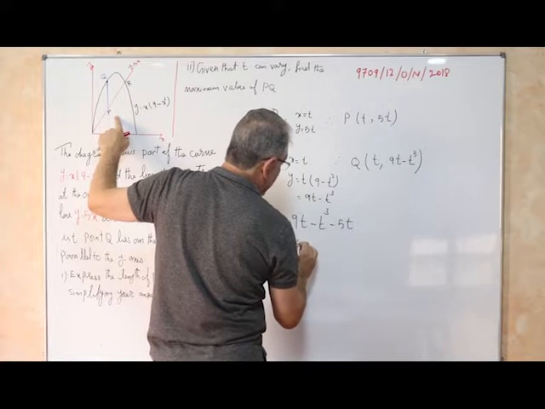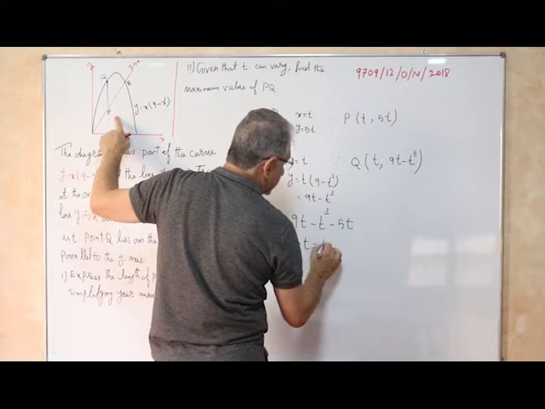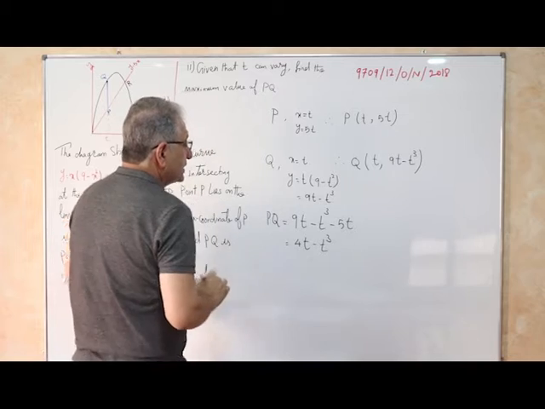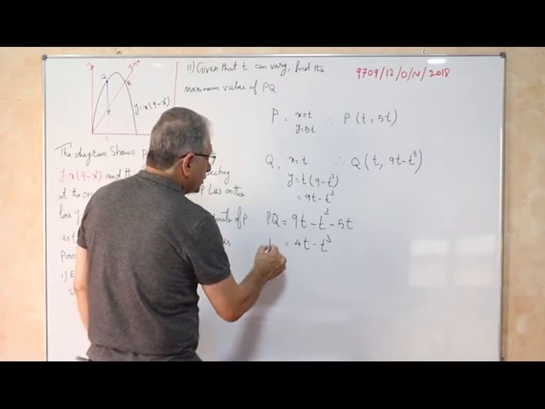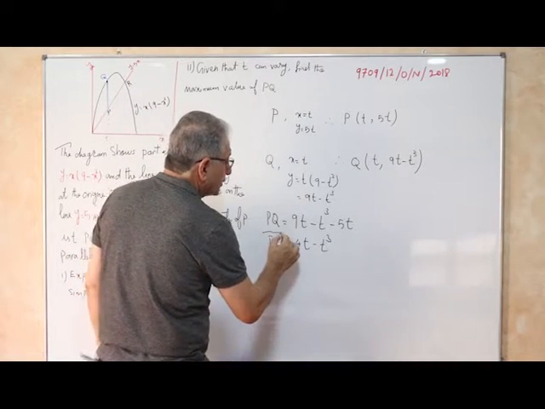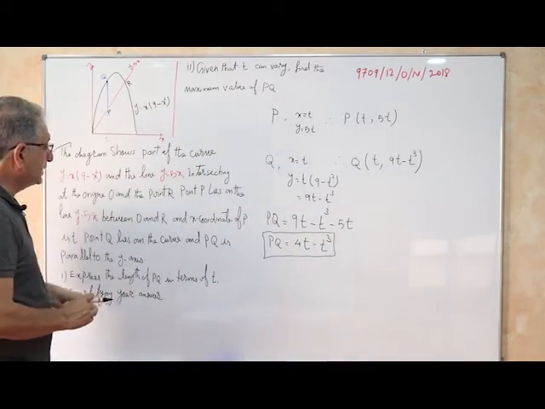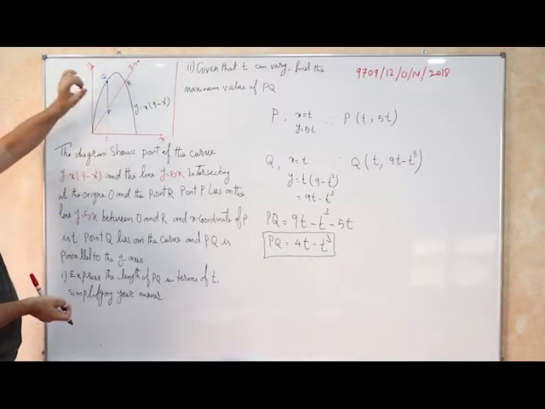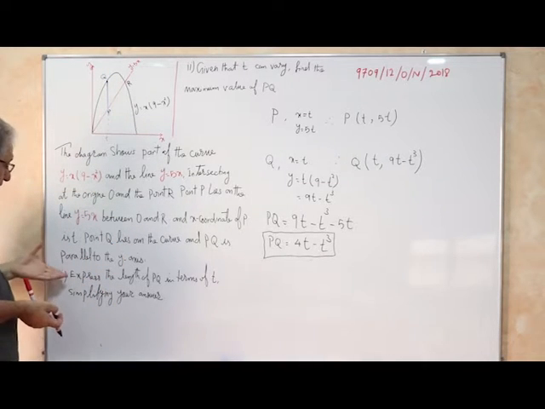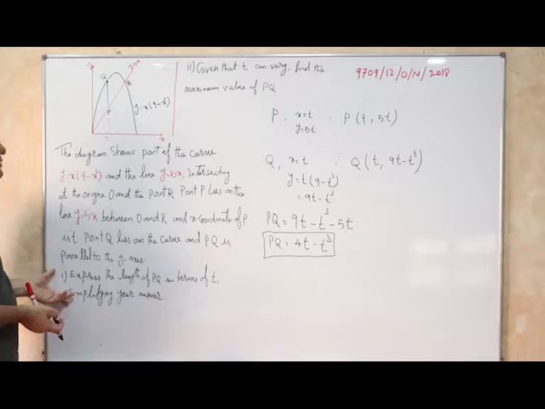Therefore, the answer will be 4t minus t cubed. This is the length of PQ in terms of t. So this part is done.